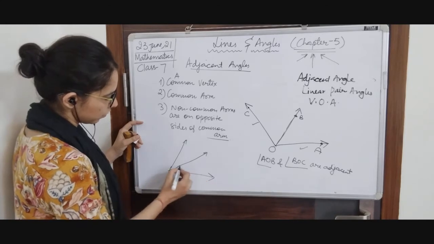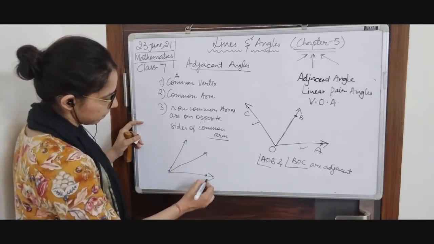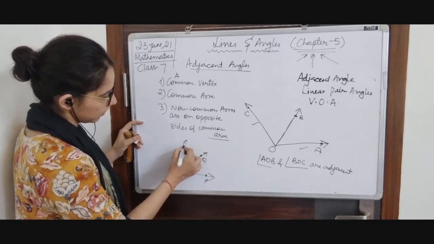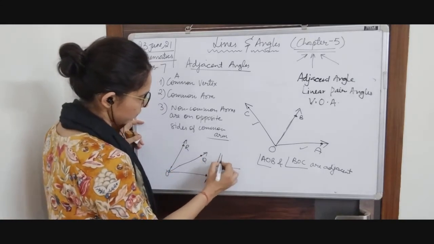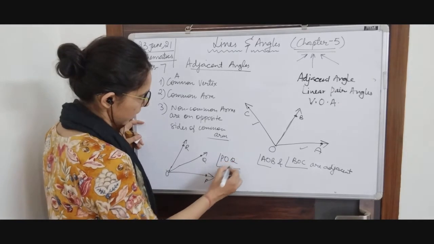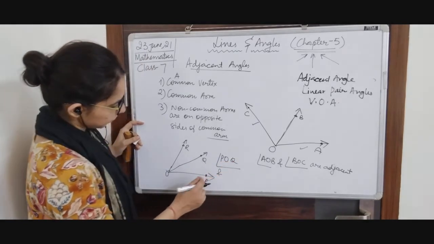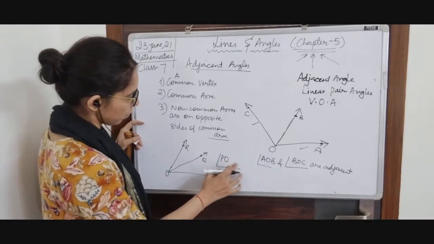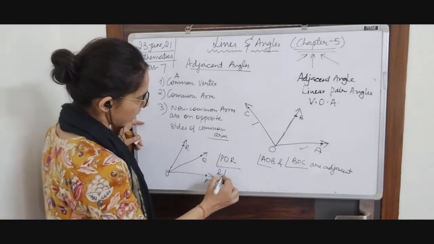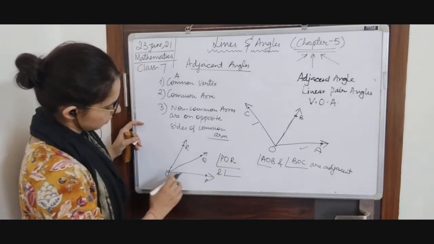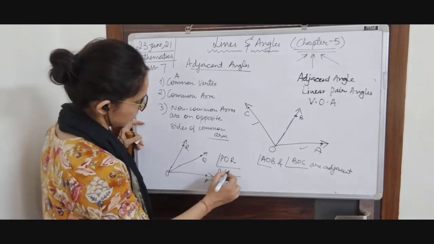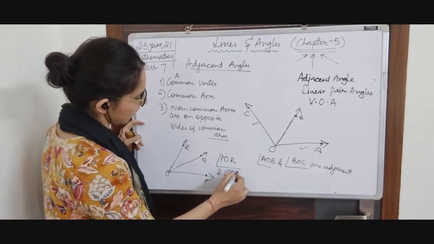Like this. Suppose this is P, this is Q and this is R, O. If we want to know whether POR and QOR are adjacent.